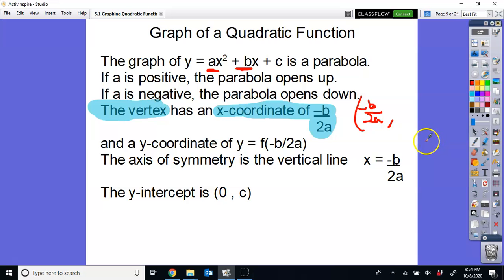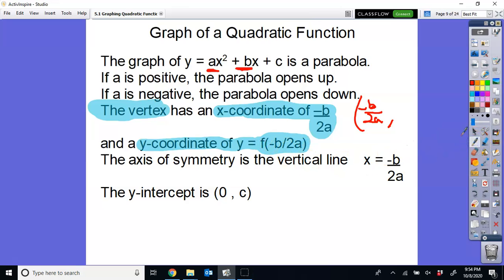And that's going to be important, because if I know the x value of a vertex, just like if I knew the numbers that I'm plugging in to a linear function, then I can plug this number in to find the y value. That's what this next note says: the y coordinate is what you get for y when you plug negative b over 2a into the function.